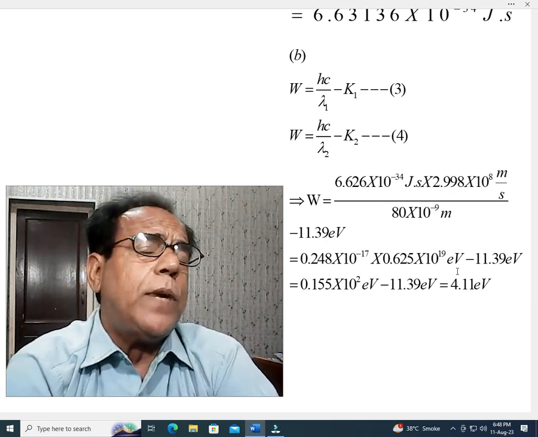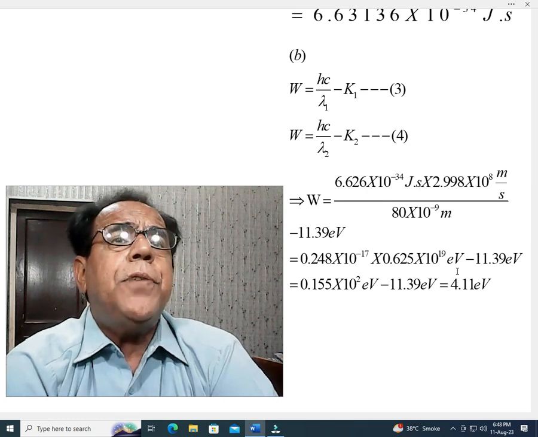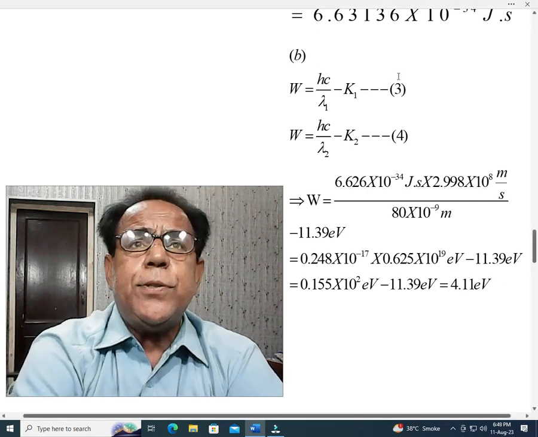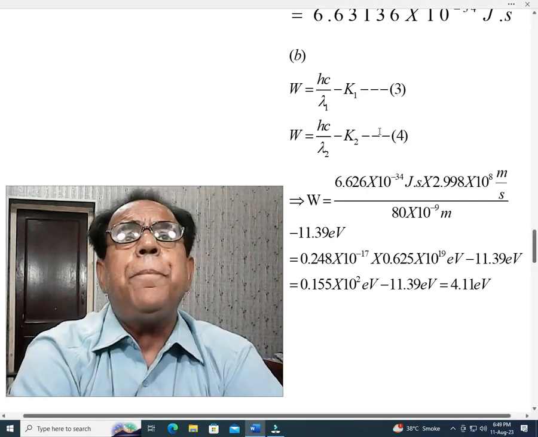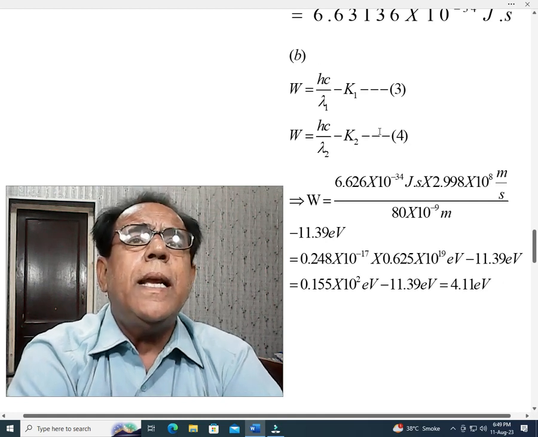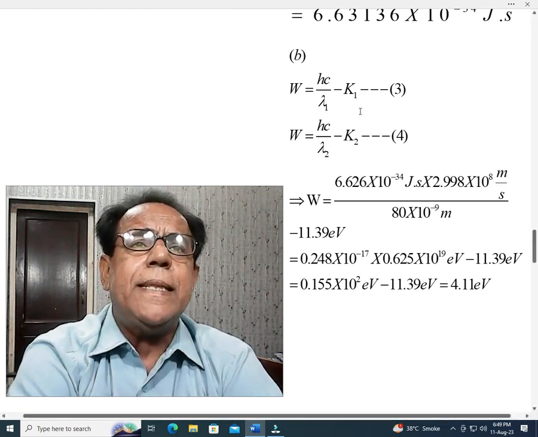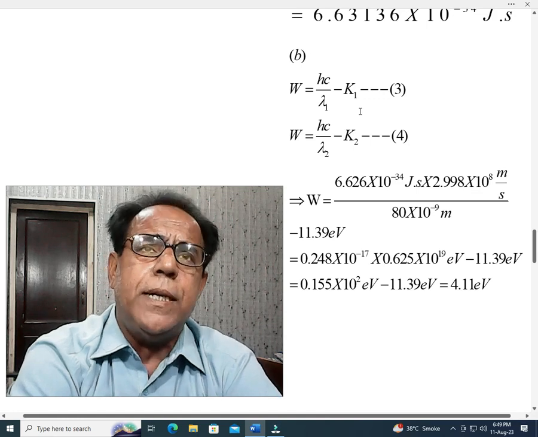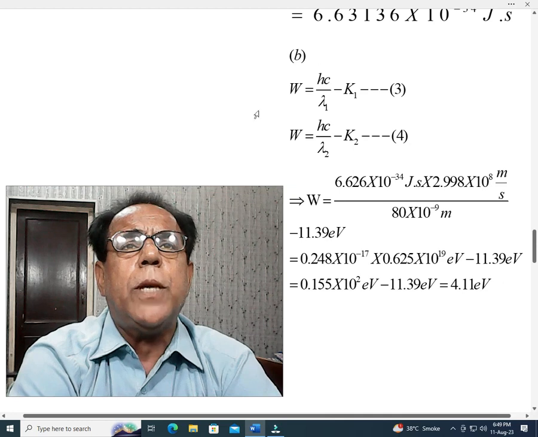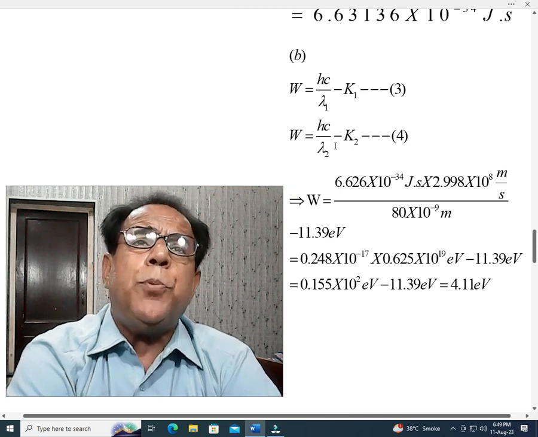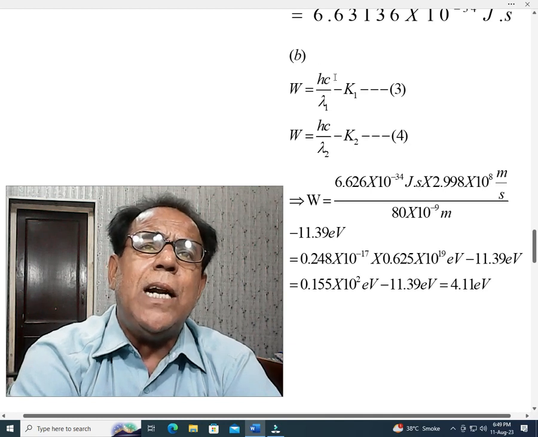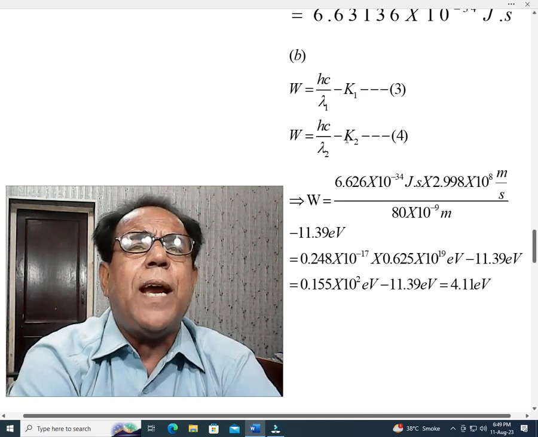Because we are provided with two different wavelengths and two different kinetic energies, these two sets of equations can be formulated, and these have already been formulated in the starting portion of this problem. We will use both, and we will see that the result of both is very close.